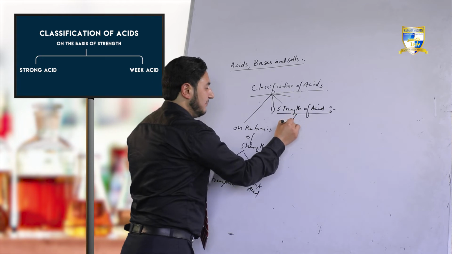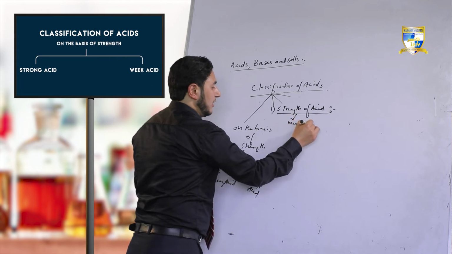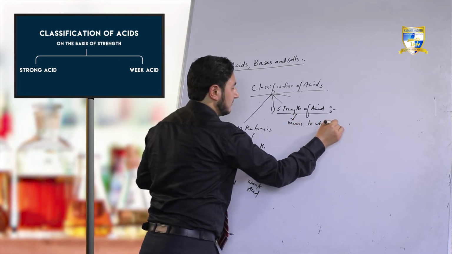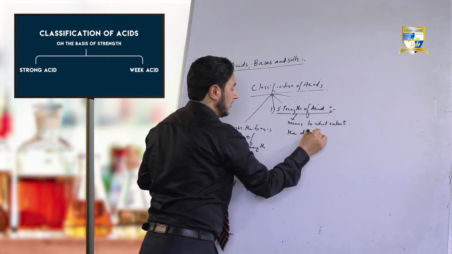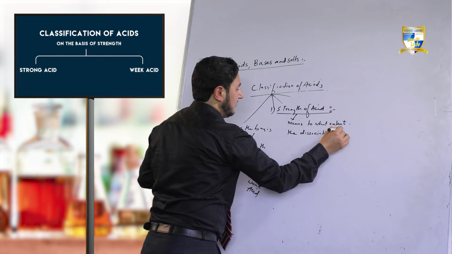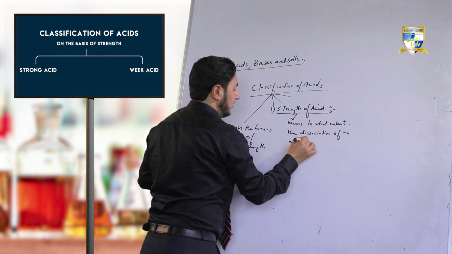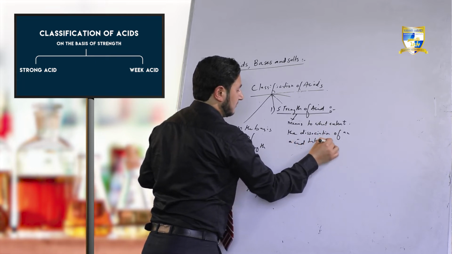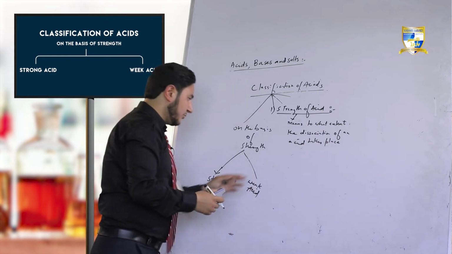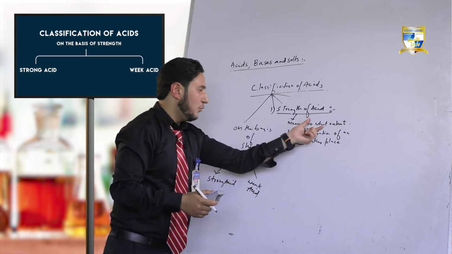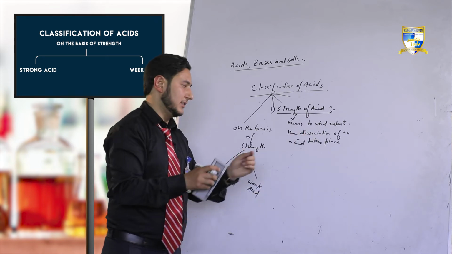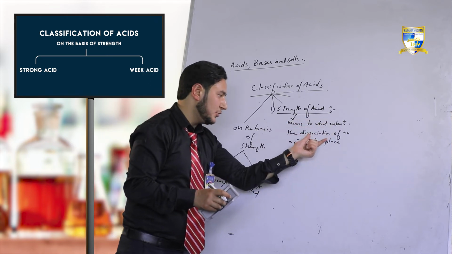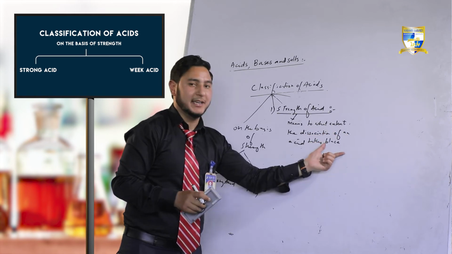Strength of an acid means to what extent the dissociation of an acid takes place. By strength we mean to what extent dissociation, meaning breakdown into ions, of an acid takes place.